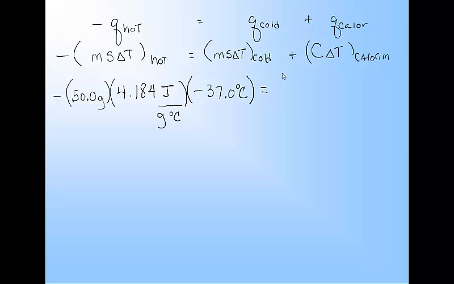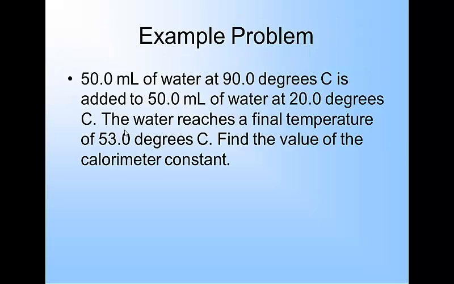Cold stuff. 50 mils is 50 grams. Specific heat of water, again, 4.184 joules per gram degrees Celsius. Very resistant to change. Now, again, verbally, the final temperature of all three things is 53 degrees Celsius.